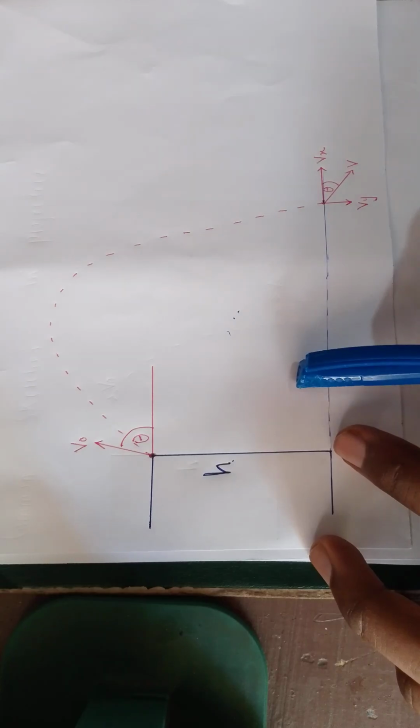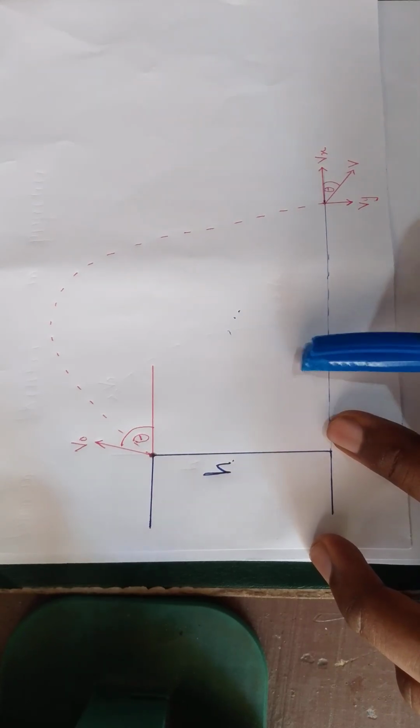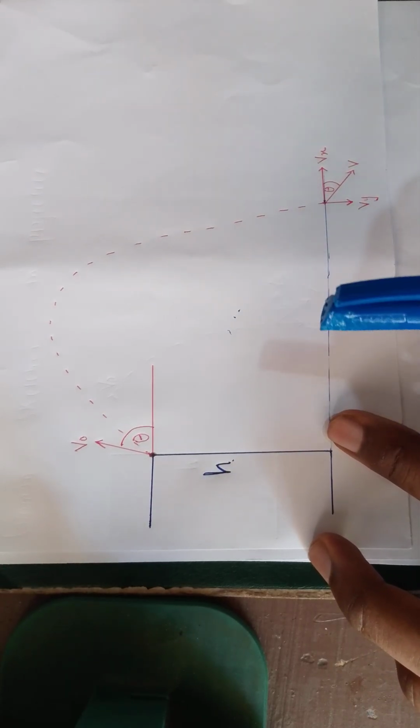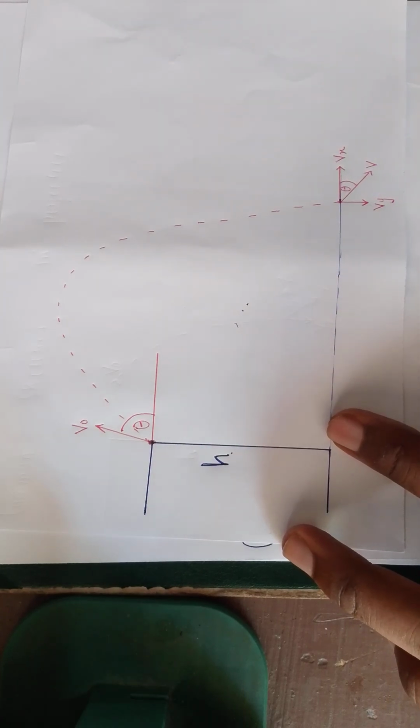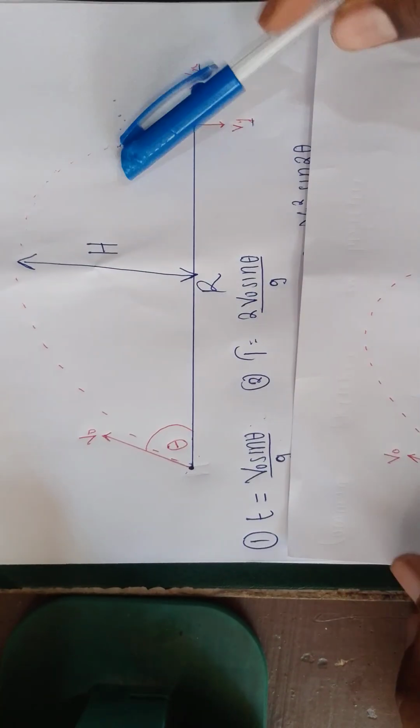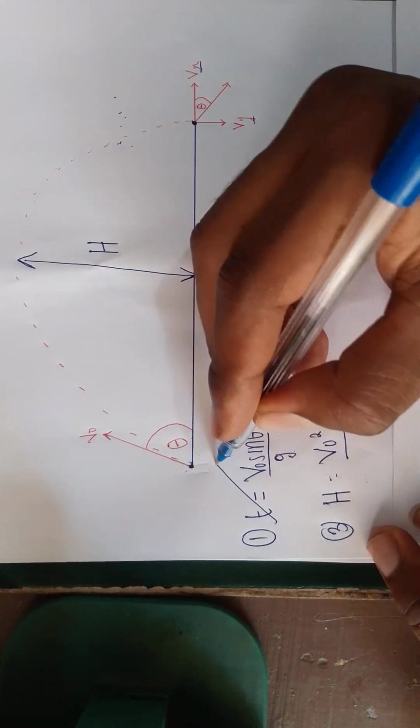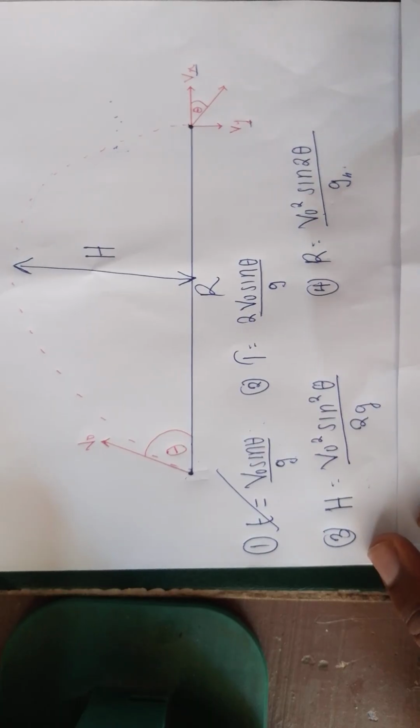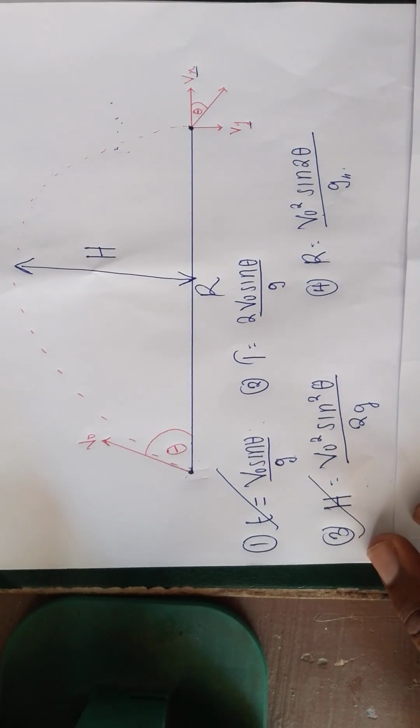For this one here, there are no specific formulas. The only formulas that you can get from the previous sketch that are applicable here are the time taken to reach the maximum height and the formula for the maximum height.